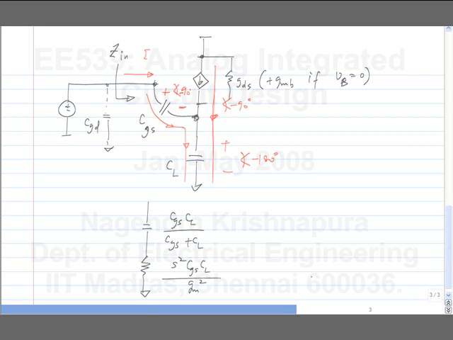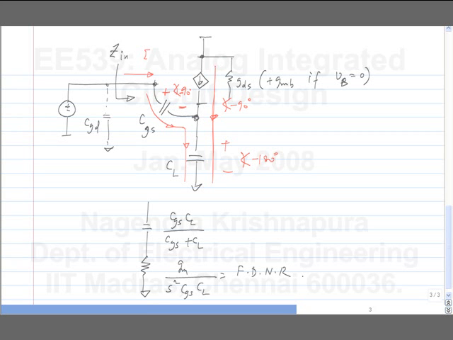Sorry, it is by GM, not GM square, I think. This is the conductance. So the resistance is... is this correct? Can you verify? This is the resistance value. This is a frequency dependent negative resistance.